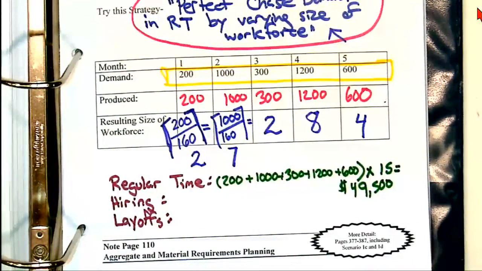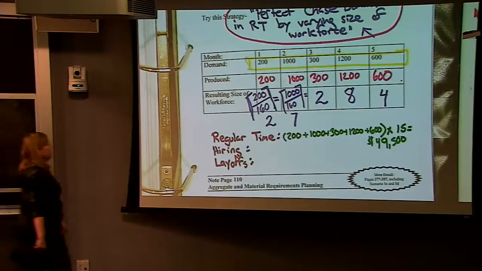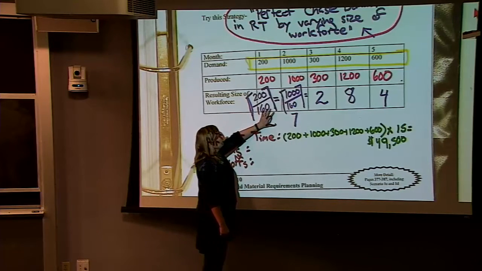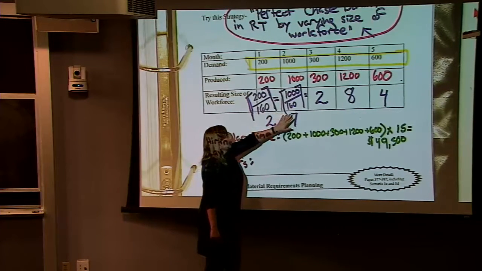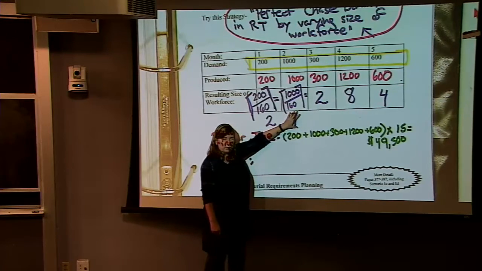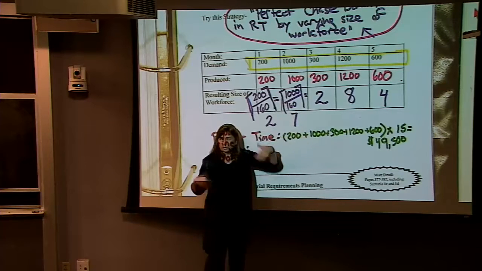Hiring. Okay, I need to look this over and figure out how many times I actually hire somebody. We'll have 2 people in the first month and then 7 people in the second month, right? So right away, that is an instance of hiring 5 people. This is just logic.